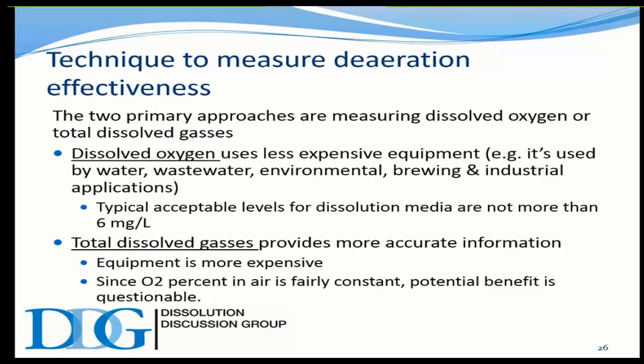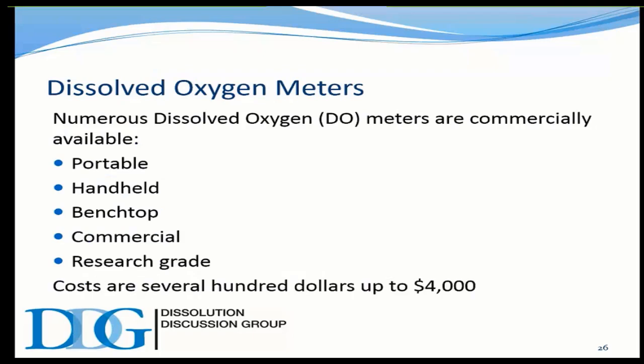There are other meters. There's total dissolved gas meters, but these are expensive. They're really not going to give you anything over what a simple DO measurement or O2 measurement taken from a dissolved oxygen meter gives. There's quite a few of these out there. There's a lot of portable ones.